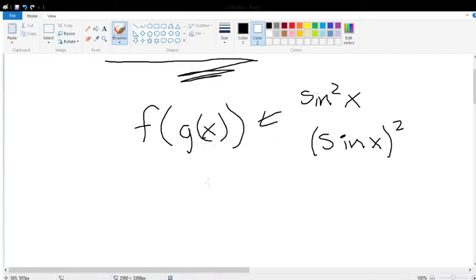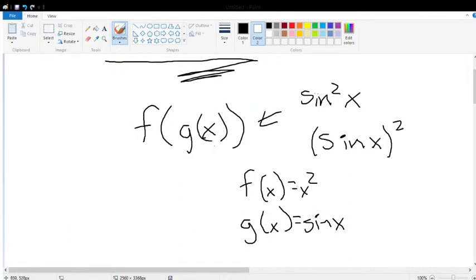The two functions here: let's use y. F of y is equal to y squared, and g of x, actually, no, I'm gonna use straight up x's. Okay, so f of x is equal to x squared, and g of x in this case is equal to sine of x.